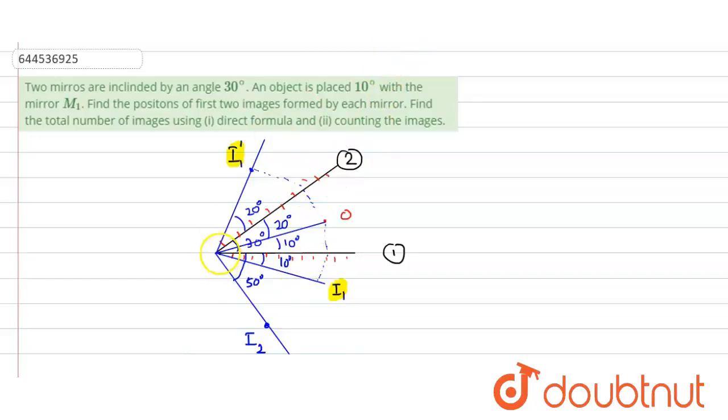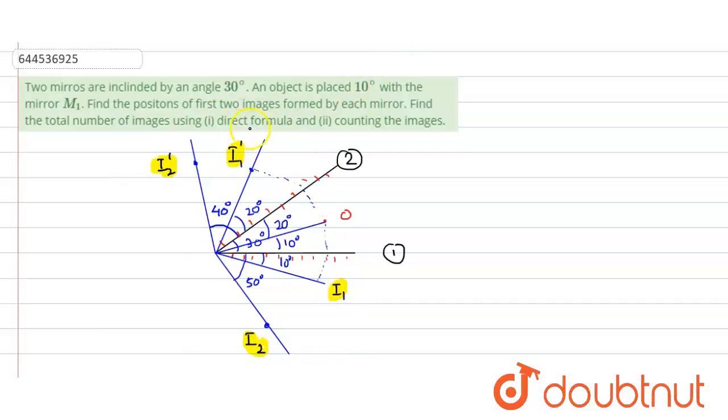Now if we draw a line here for the image, this angle is 40 degrees. Where would the image be located? If we drop a perpendicular from here and take the same distance onto here, this is the location of the image of I1 on mirror 2. We call this I2 dash. So these are the images of the images with respect to mirrors 1 and 2.